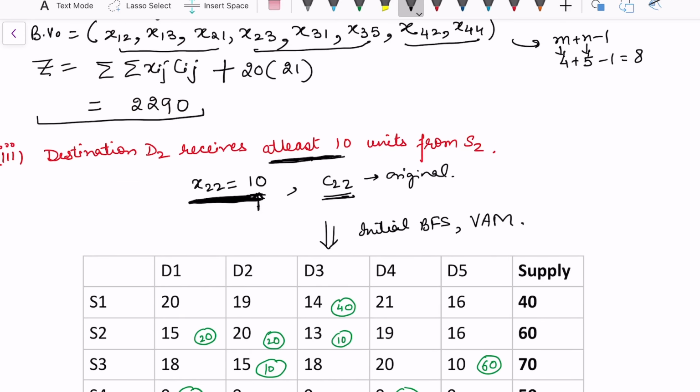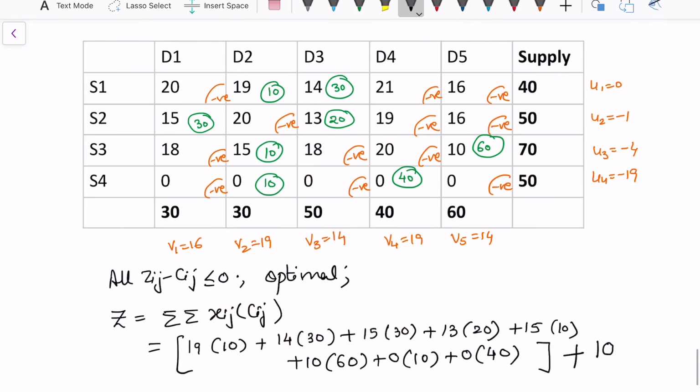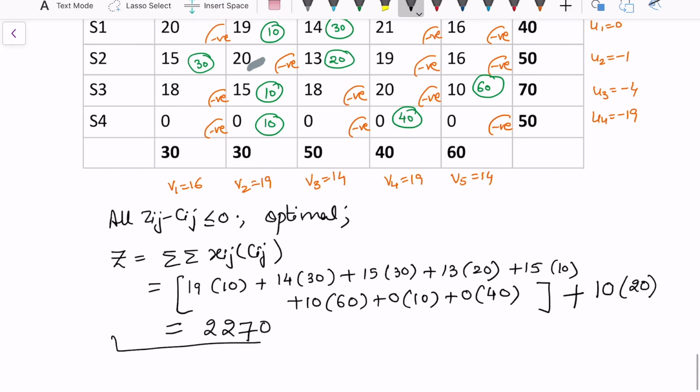We considered that X22 is 10 units, and we need to multiply this by the original cost C22 because it was at least. So we have to see whether some more allocation comes up in C22. The cost of C22 is 20. Currently in the optimal position there is no more allocation, but the previous one that we already gave should be incorporated in Z. So 10 into 20, and the total quantity becomes 2270. So that is the optimal solution for this problem.